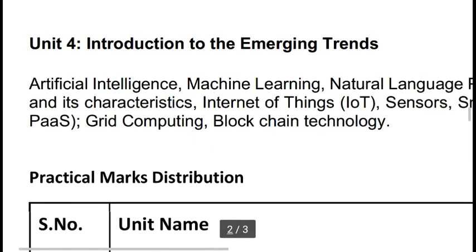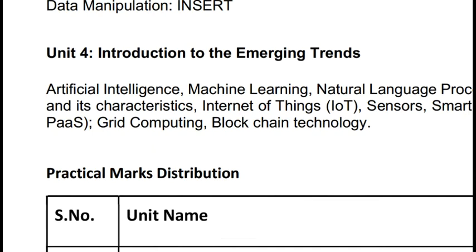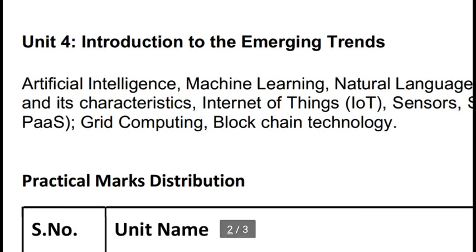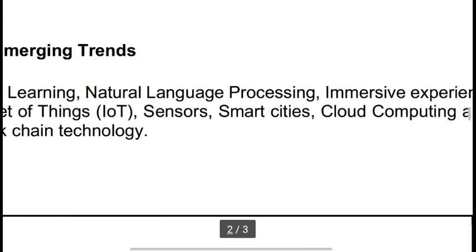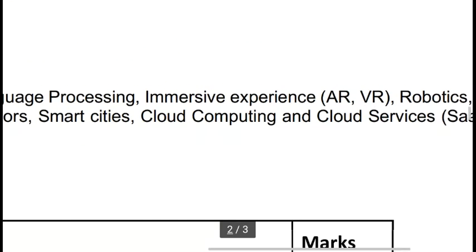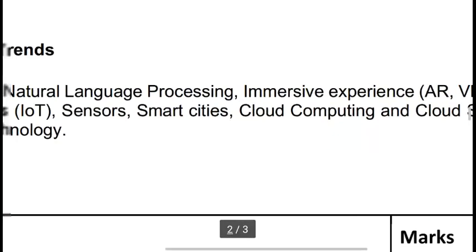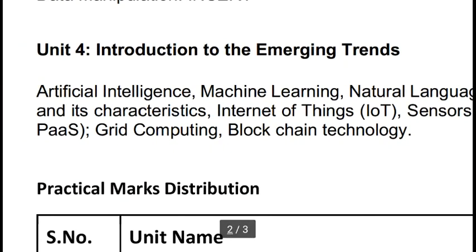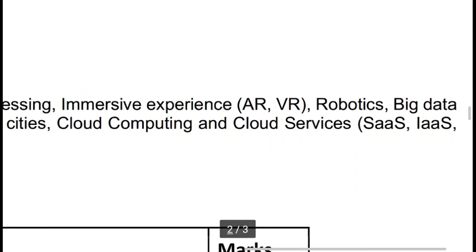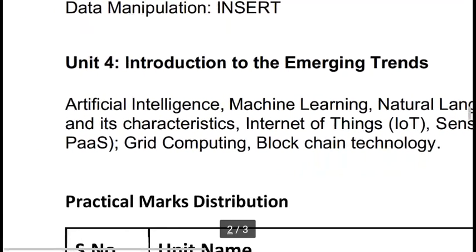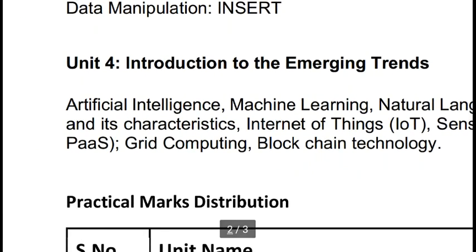Now our last unit is introduction to emerging trends. Okay, so this unit is a theoretical concept and a very interesting topic. Okay, AI concept, this is the latest technology: artificial intelligence, machine learning, natural language processing, immersive experience, AR and VR, robotics, big data and its characteristics, Internet of Things, IoT, sensors, smart cities, cloud computing and cloud services, SaaS, IaaS and PaaS, grid computing and blockchain technology.